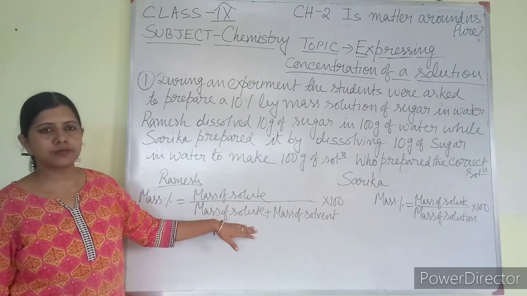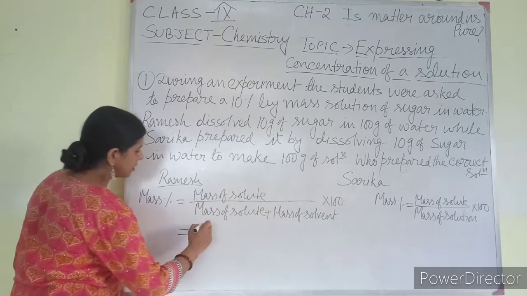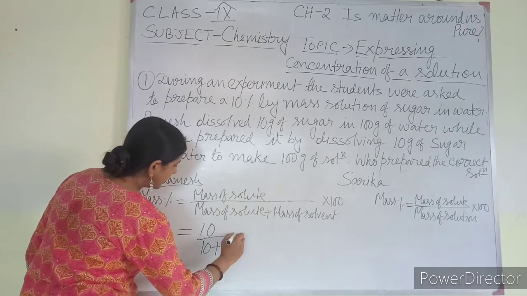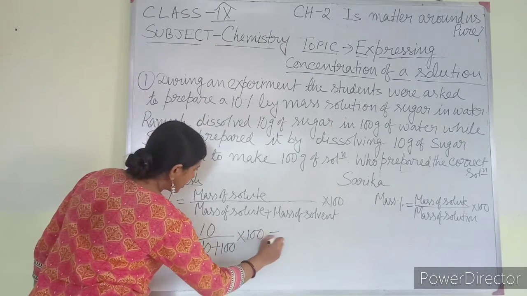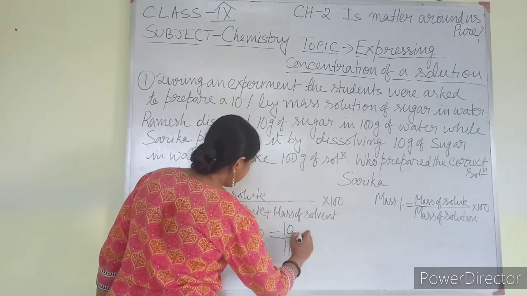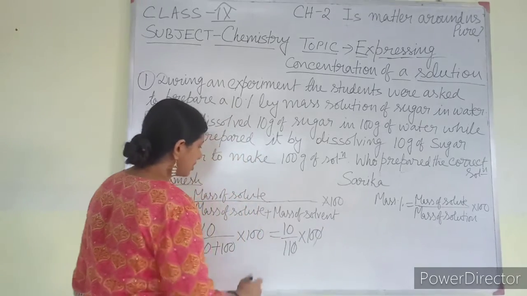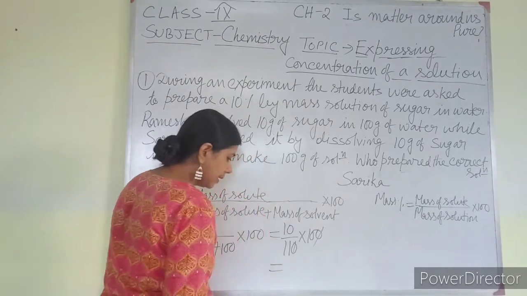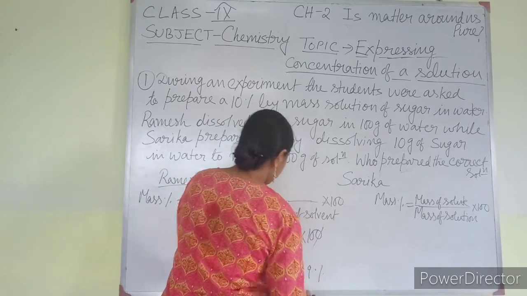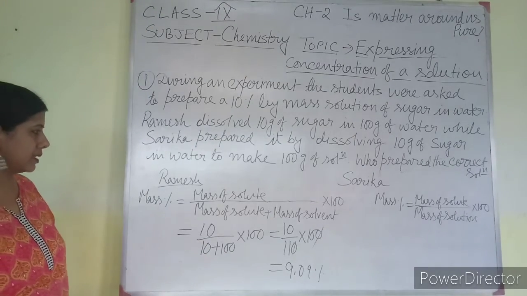So in case of Ramesh, what will be my answer? 10 by 10 plus 100 into 100, that is 10 by 110 into 100. If I cut the two zeros, it is 100 by 11, which comes to 9.09%.